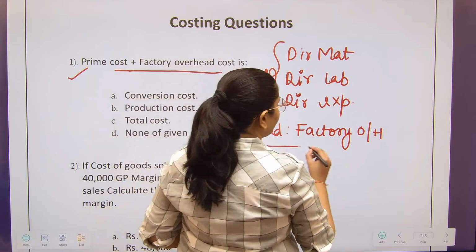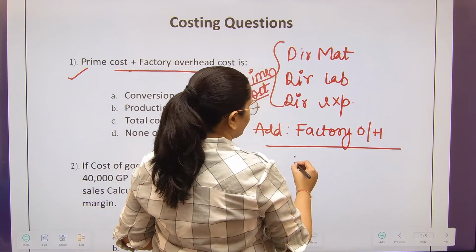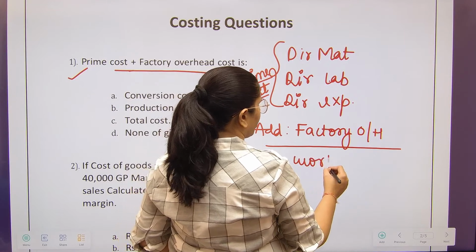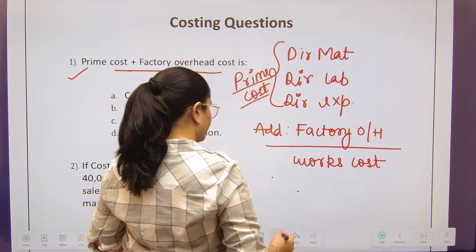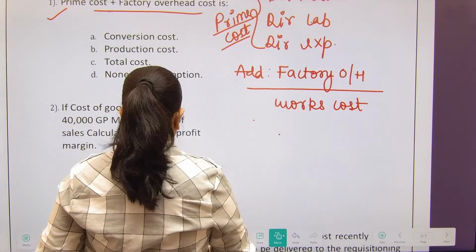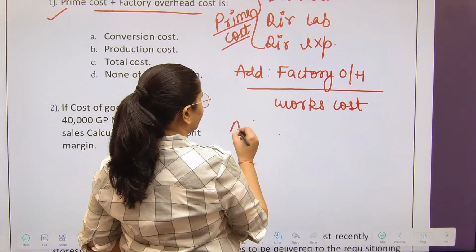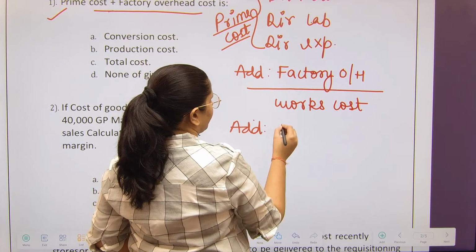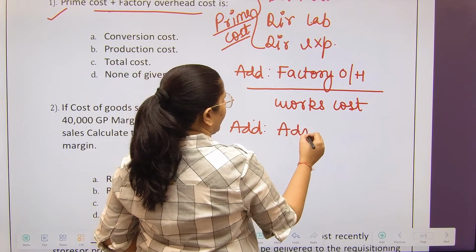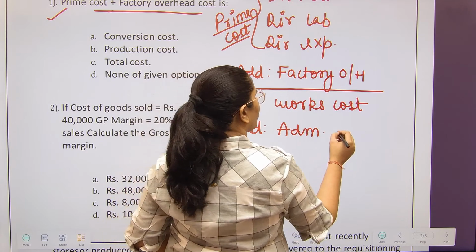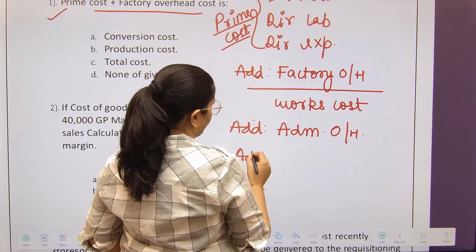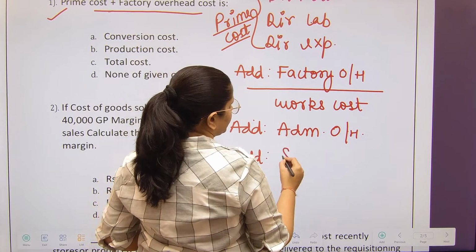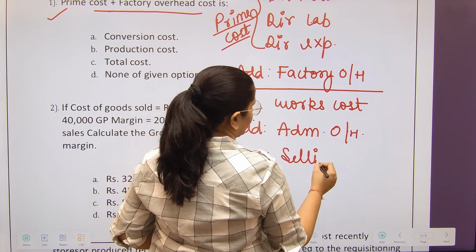Now, once you add this, you will get your works cost, correct? Then I add to it my administrative overheads, followed by my selling and distribution overhead.